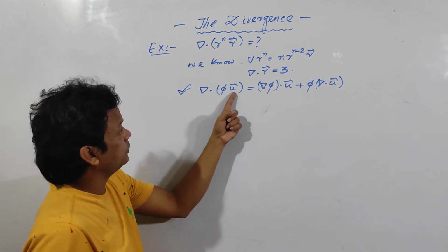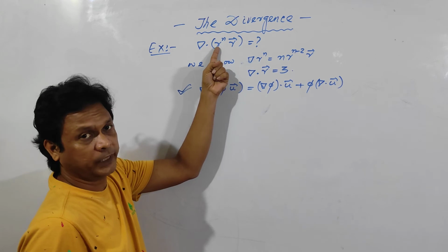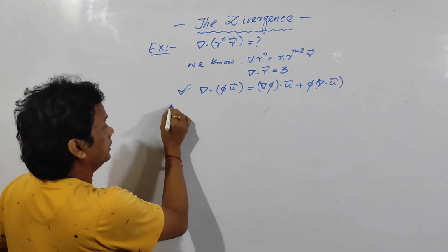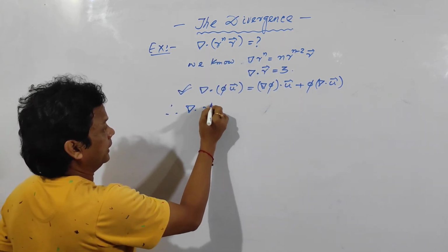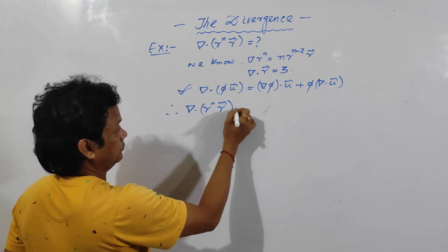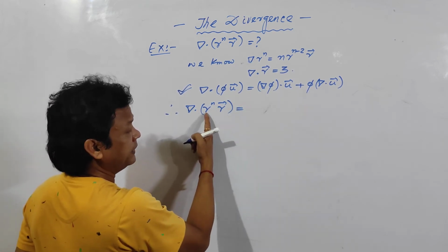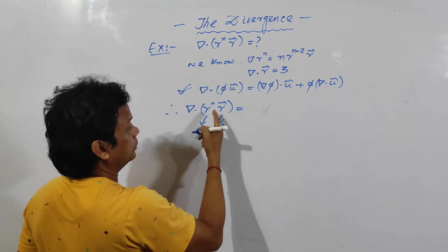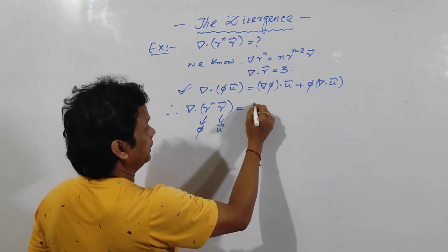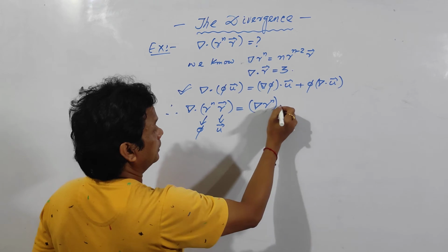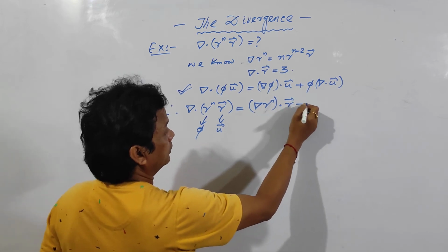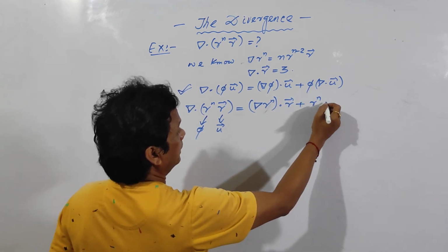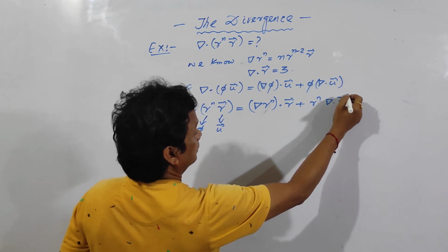Here phi is a scalar, u is a vector. Here the scalar quantity is r to the power n and the vector quantity is r vector. Therefore, del dot r to the power n into r vector. Here phi is r to the power n and u is r vector. So apply del phi, that means del of r to the power n dot r vector plus phi, that means r to the power n del dot r vector.